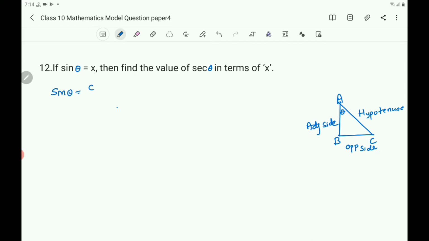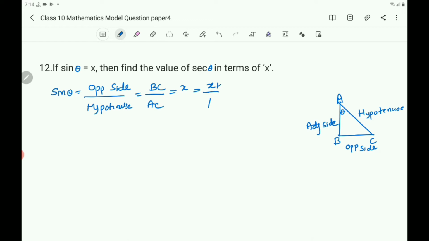Sine theta equals opposite side by hypotenuse. Opposite side is BC, hypotenuse is AC, that is x, that equals x by 1.